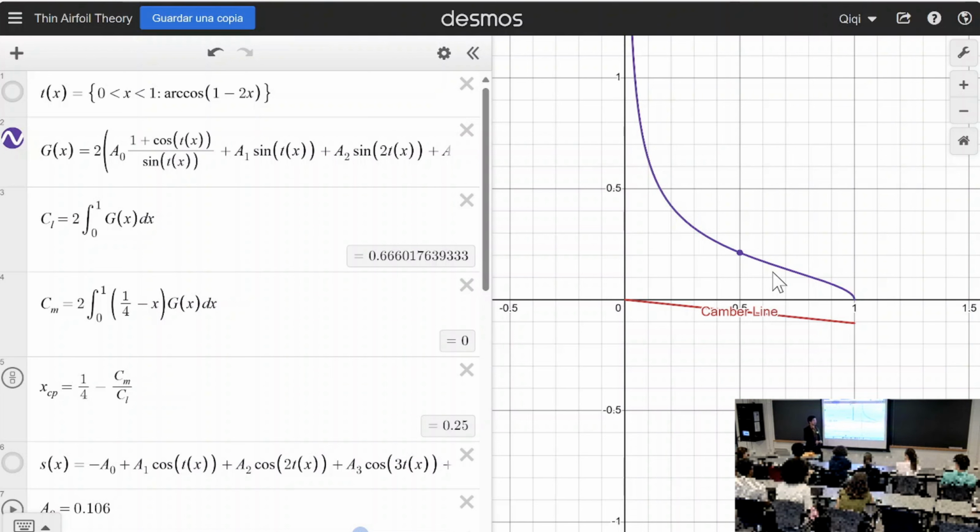If you are interested in doing complex calculus, you can integrate that function and see for yourself. So this is A0, the angle of attack, and this is the pressure difference it gives you.